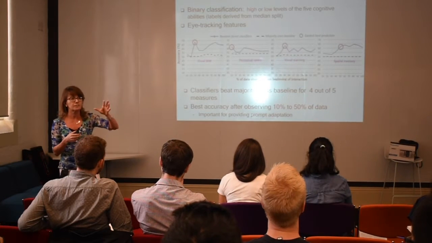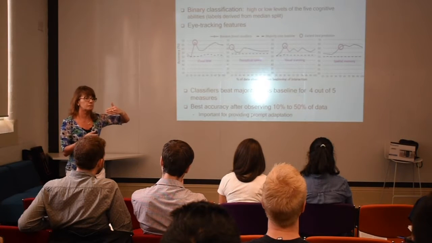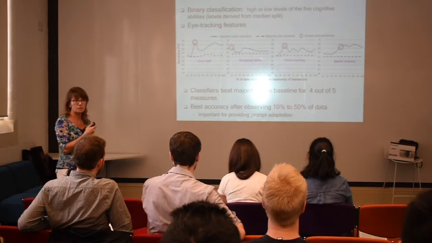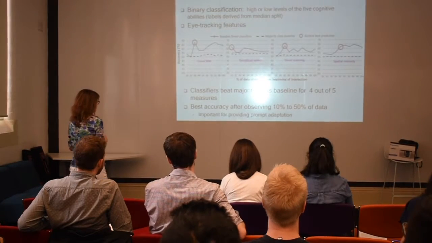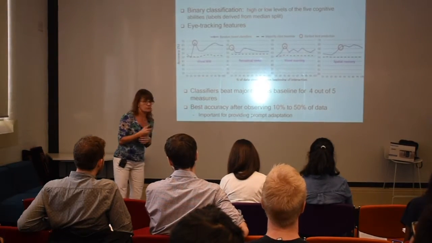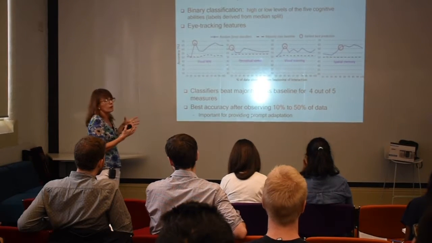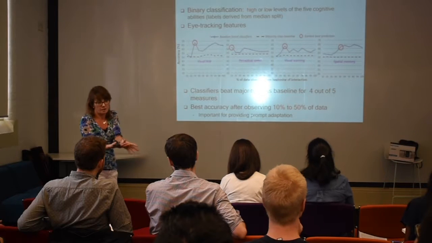Best accuracies are obtained by these classifiers after having seen between 10 and 50% of the data, similar to before. So it shows that it's important that you can pick up these abilities quite early on during the interaction. That leaves time for personalization.